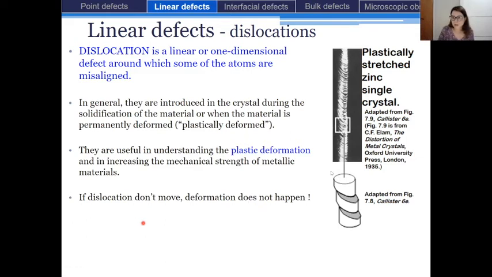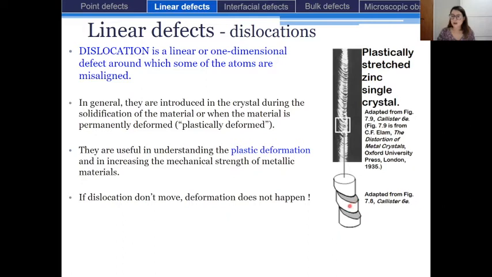So here you have another example, which is a single crystal of zinc that has been plastically stretched, and you can see many different parts of this crystal that seem to have dislocated from one another along these planes.